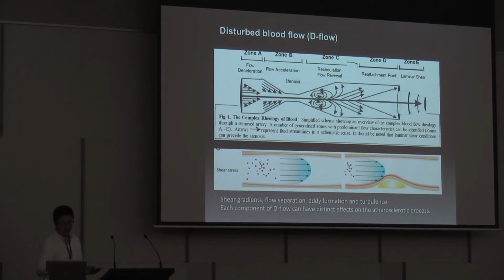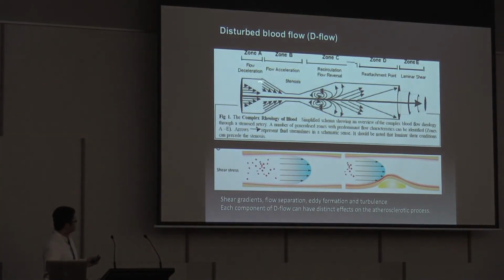It turned out that in the last 5 years, there have been lots of discoveries around what is called disturbed blood flow. Disturbed blood flow is a specific type of flow pattern when laminar flow hits obstructions, usually caused by geometrical narrowing, and then triggers shear accelerations and then decelerations, and sometimes turbulent flows can be generated.